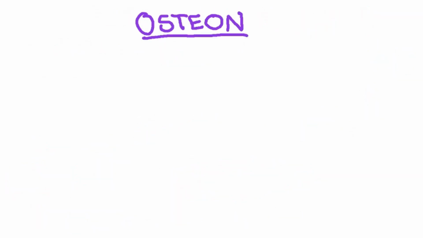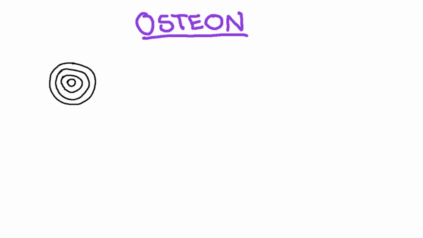So here's the deal with the osteon. So far I've been drawing the osteon as a series of concentric circles or concentric rings, circles inside each other of sheets of lamellae. So we call them concentric lamellae.